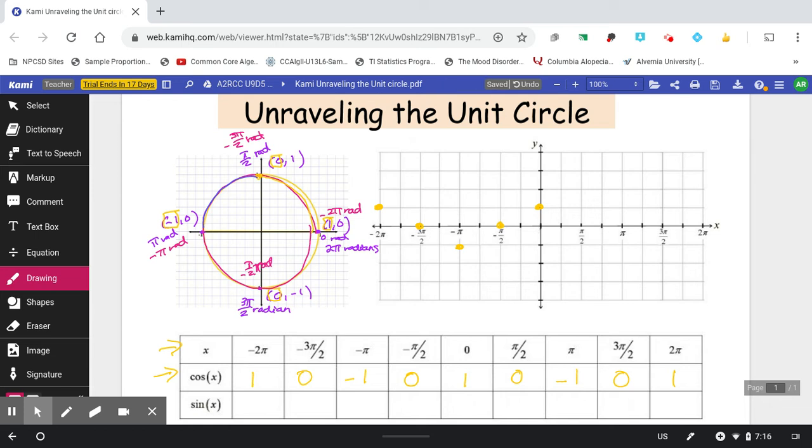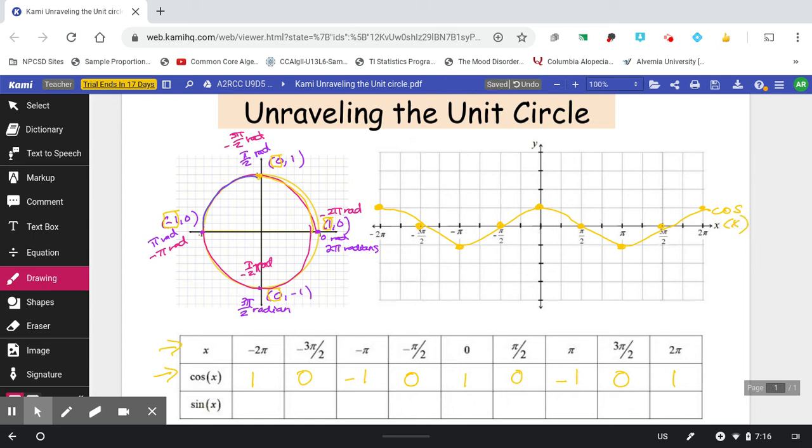Okay, so now at pi over 2, I'm at 0 again, and then I go down to -1, back up to 3 pi over 2 at 0, and then back to 1. So my cosine curve looks like that. Okay, that is the cosine of x.